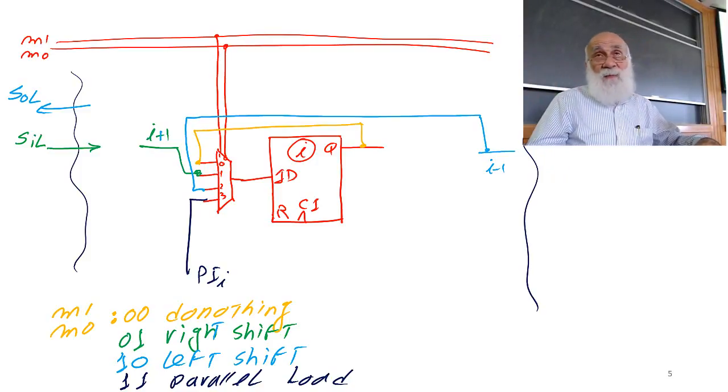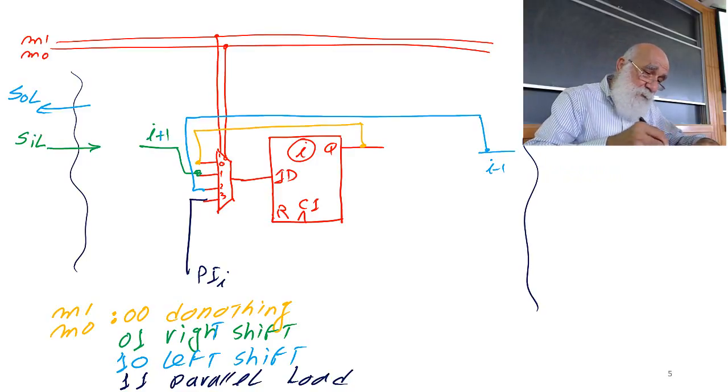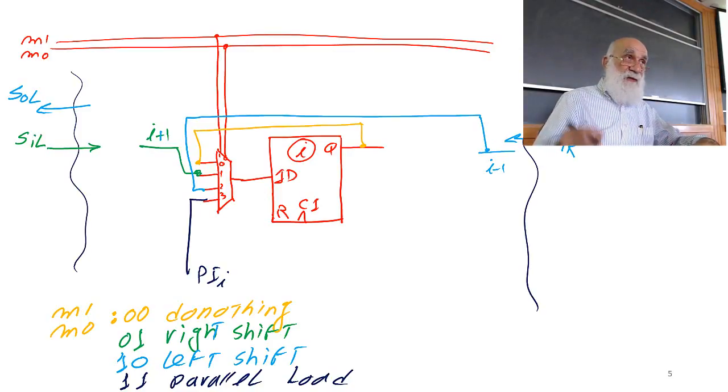And then when I'm left shifting, I have an input coming up from here, which is serial in from the right, that goes into flip-flop number 0.